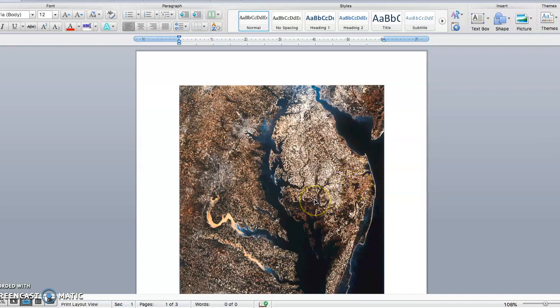This is a satellite image taken a long time ago now, 1987, but you can still get the idea of what this shows us, which is right here I have the Delaware Bay, right here I have the Chesapeake Bay. And what you can see is that these areas are more or less populated, and you can see here these are the rivers that are running into the Chesapeake Bay. And you can see here there's the Potomac River, and there's Washington DC right here.